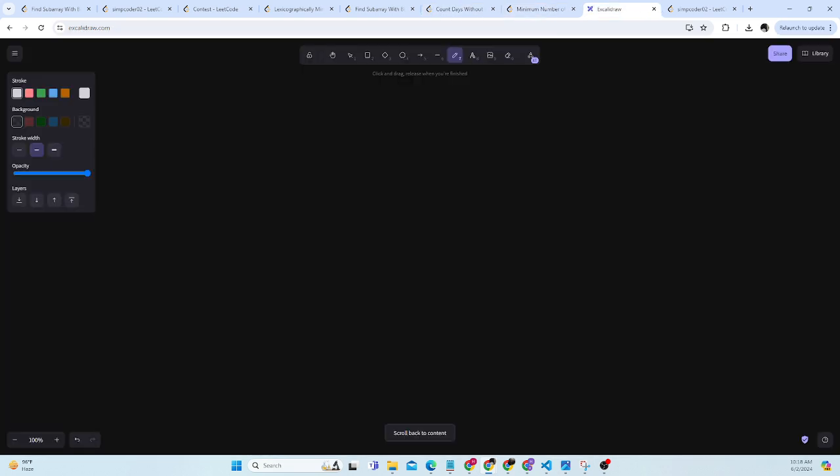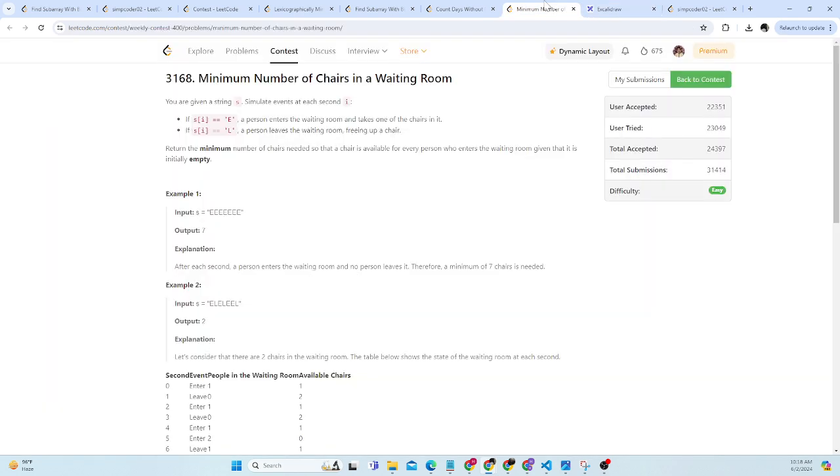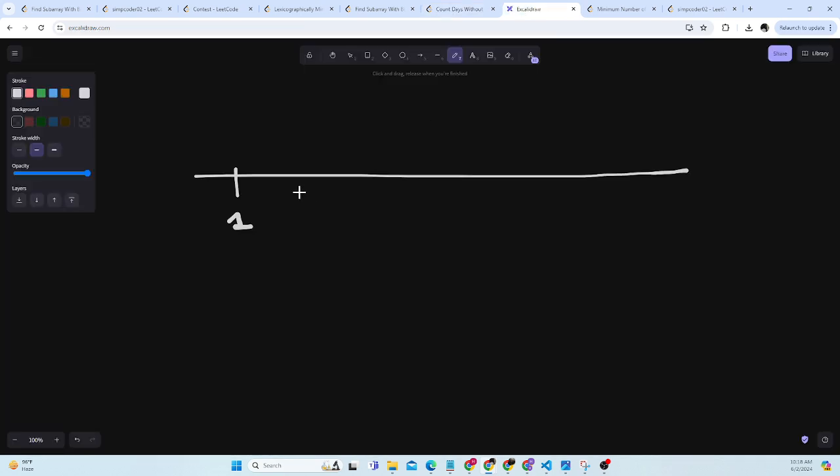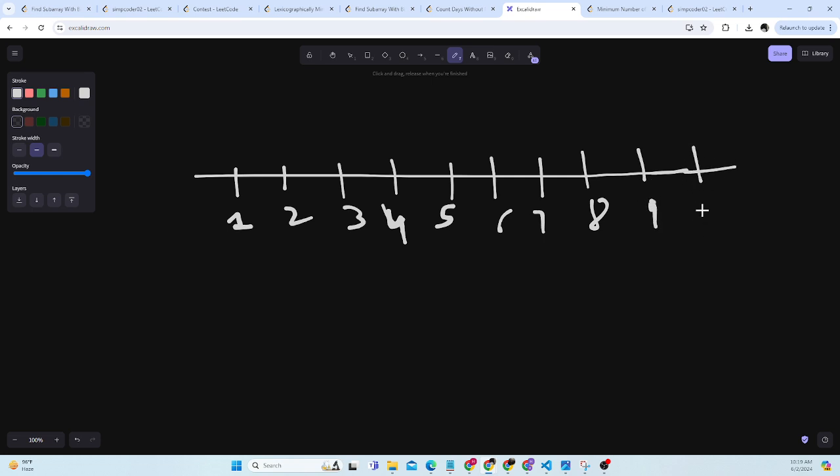So let's say we take an example. Let's say we are given a particular number line. Let's say this is the first day, because he starts from the first day, is available for work from day one. Let's say it's 2, 3, 4, 5, 6, 7, 8, 9, and let's say days is 10.